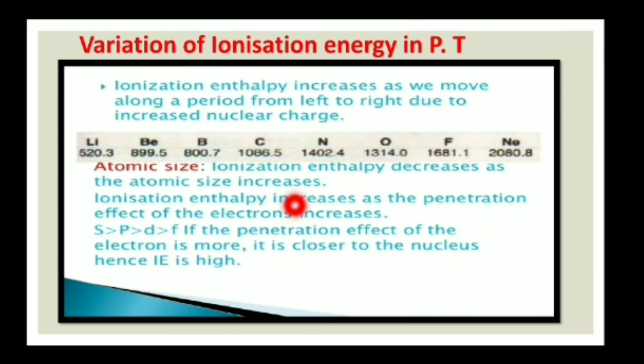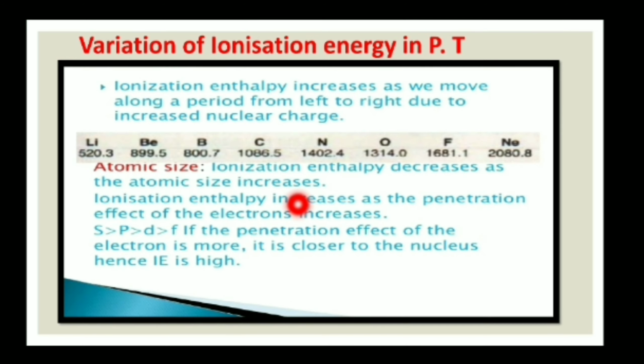So the atomic size increases, and then ionization enthalpy decreases. How? Because whenever the distance between the nucleus and the outermost shell is more, that outermost shell will be far away from the nucleus. The nucleus does not tightly hold the electrons. So, in order to remove the electrons from the outermost shell, a lesser amount of energy is needed. So ionization enthalpy decreases.